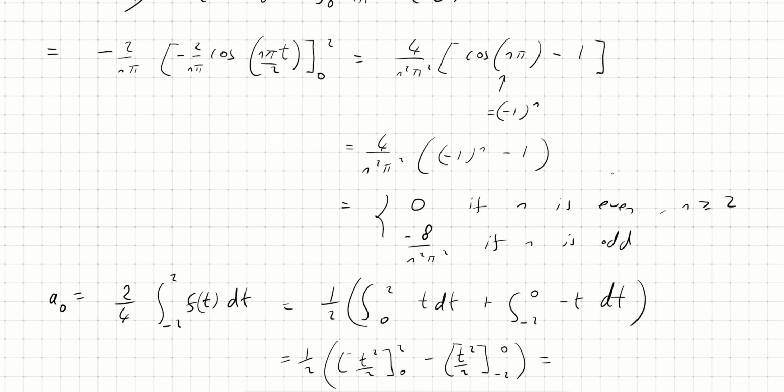The first one: t squared is 4, over 2, so we get 2 minus 0 for the first term, minus 0 minus 2.